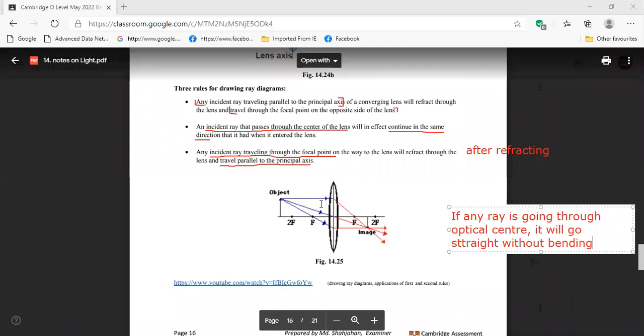It is the opposite of the first ray. For the first ray, the left side was parallel to the principal axis, and the right side goes through the focal point. For the third ray, the left side goes through the focal point, and the right side is parallel to the principal axis. Is it clear?